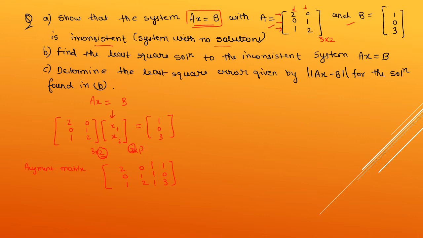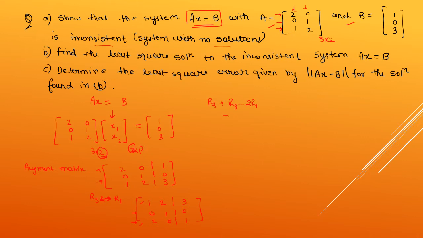If in this we interchange R1 and R3, we will have the first pivot in the first row, and we are not touching the second row. Now we have 0 here, that is fine. We have to create 0 here as well. So we can do R3 goes to R3 minus 2R1, because 2 minus 2 will be 0.